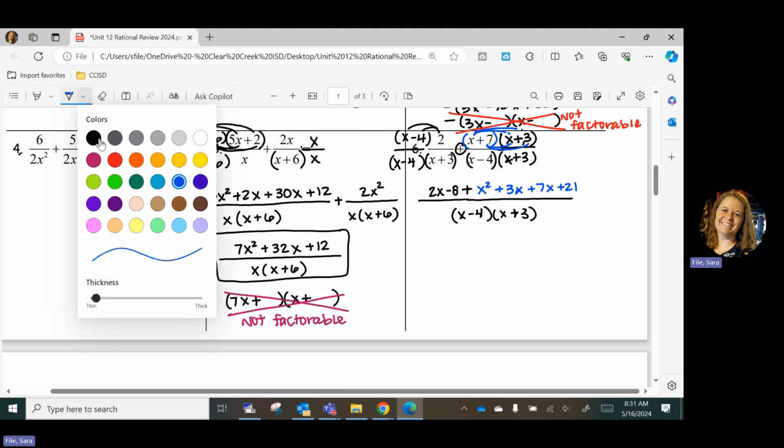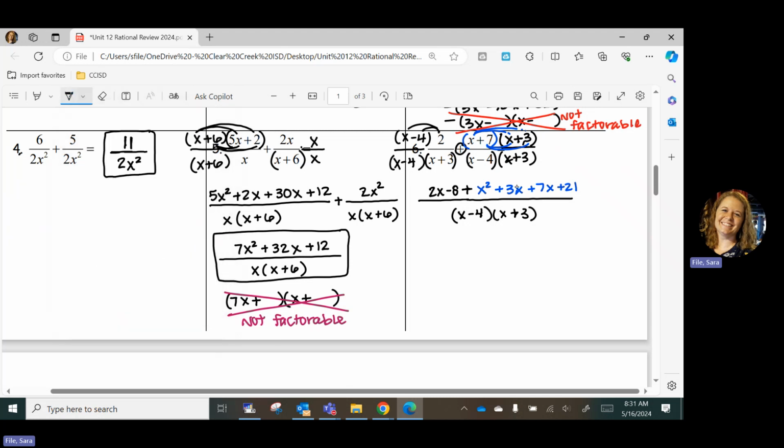Now I'm going to combine like terms in that numerator, simplify this up. So I only see one x squared term, that's x squared. I've got 2x, 3x, and 7x, all positive. So that's 12x. And I've got -8 and positive 21.